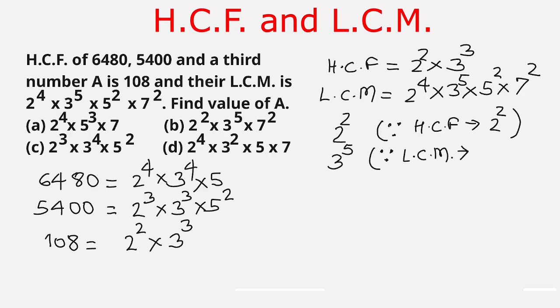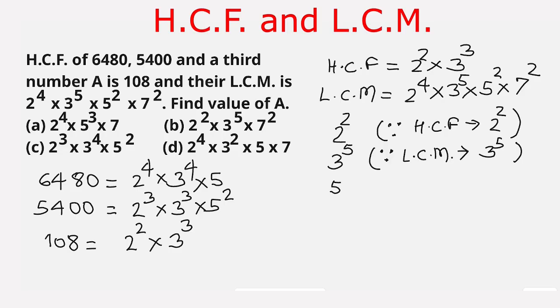The second constituent of A must be 3 to the power 5, as LCM has 3 to the power 5. The third prime factor of the third number A is 5, and what power should it have?